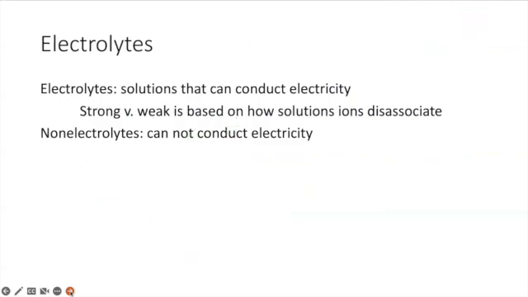So electrolytes, what are they? Right? We've heard the term electrolytes. We think about it in sports drinks. We gotta replenish the electrolytes. But what are electrolytes? So by definition, electrolytes are solutions that can conduct electricity.